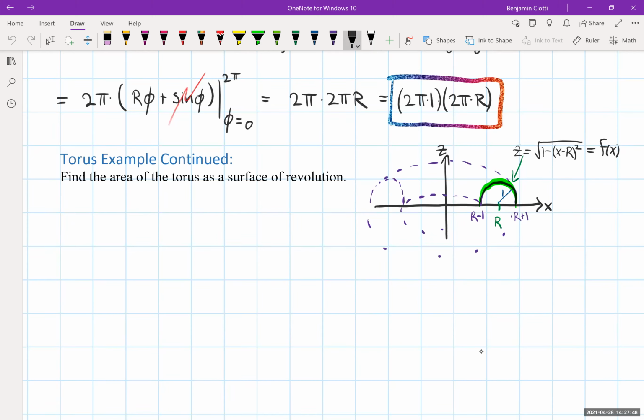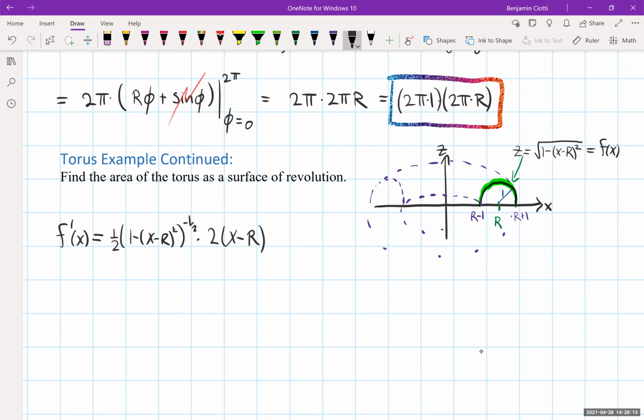So with that as my f, I'm going to need to know what f prime is. It's 1/2 times (1 minus (x minus r) squared) to the negative 1/2 times 2 times (x minus r).